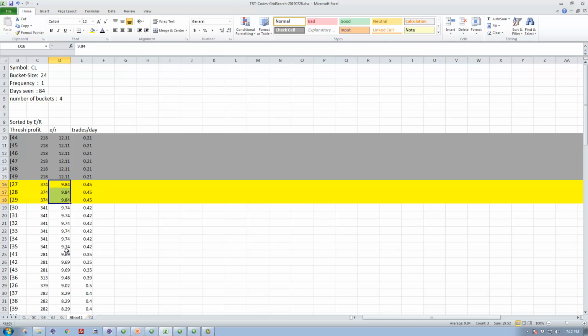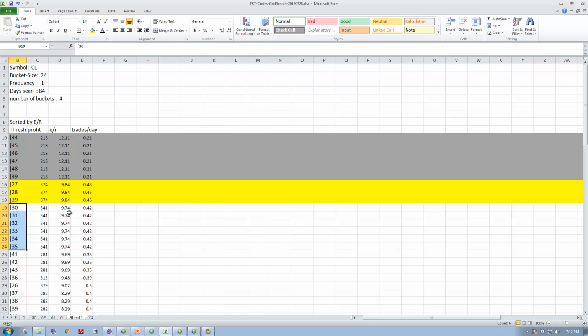You have to make your own decisions. You can see that in this particular case, our next group down is 9.74. It was a group from 30 to 35. This was the opening requirement: I must see at least a 30 ER in one of these buckets.